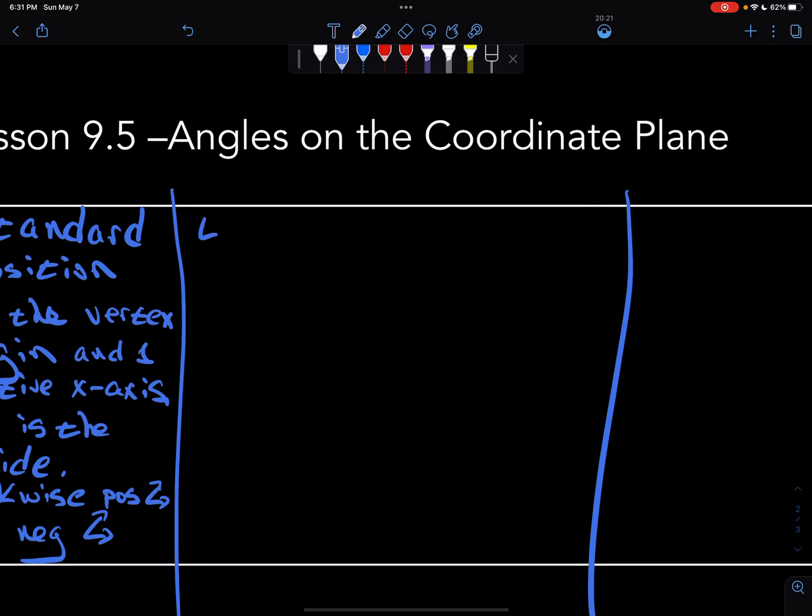Second learning target, coterminal angles. So coterminal, in standard position that share a terminal side.